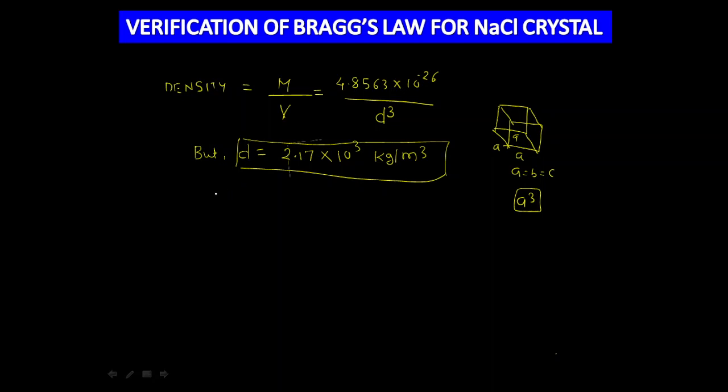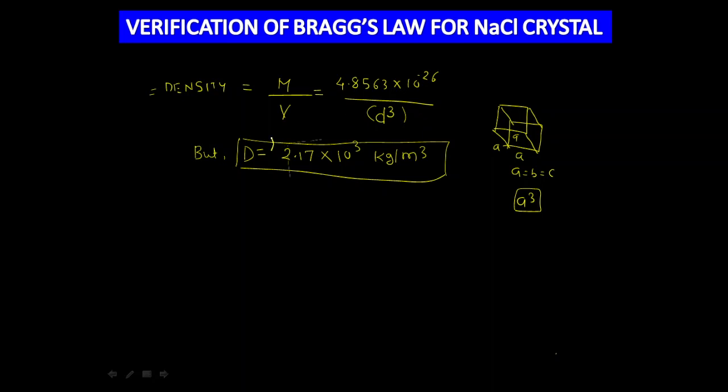So we have calculated the standard value of density. This D is different. This is density, so I am considering this as capital D for avoiding the confusion. This is the standard density for NaCl crystal, 2.17 into 10 to the power 3 kg per meter cube.